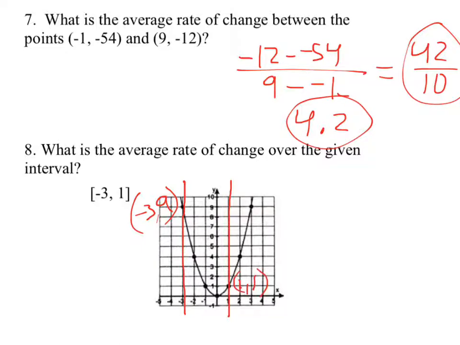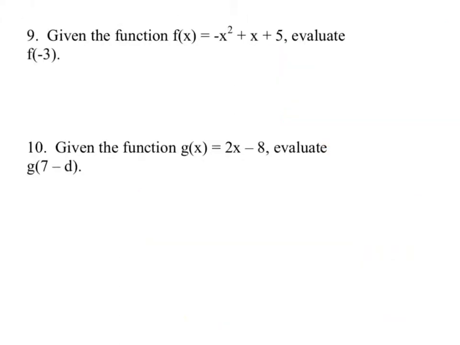And so on this, your rise from 9 to 1 is going to give you negative 8, and then the run from negative 3 to 1 is 4. And 8 divided by negative 4 gives you negative 2. Ta-da! Moving on to the next stuff.